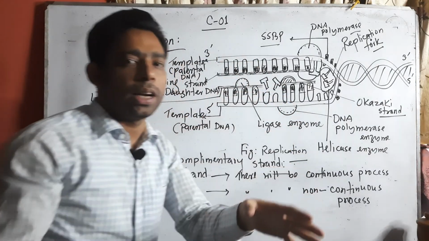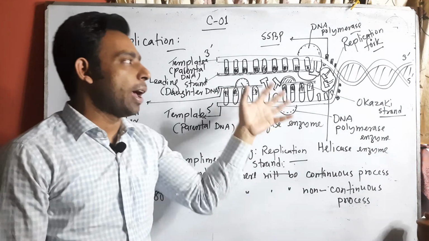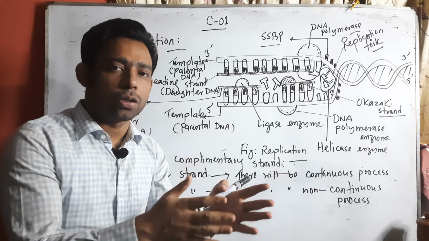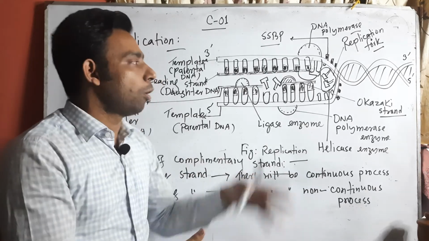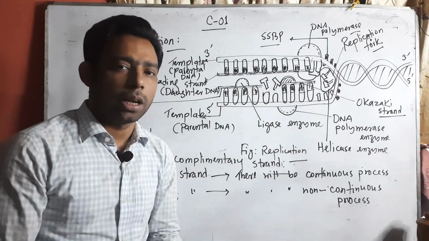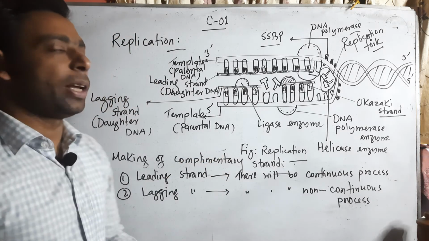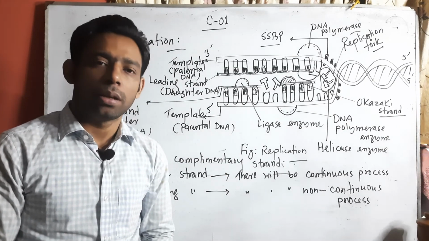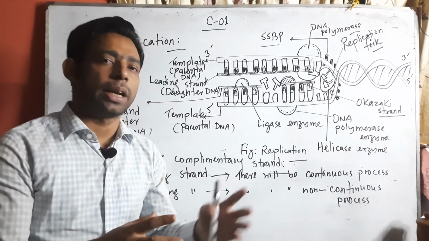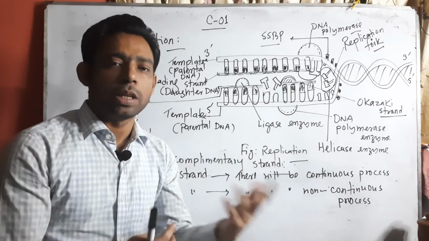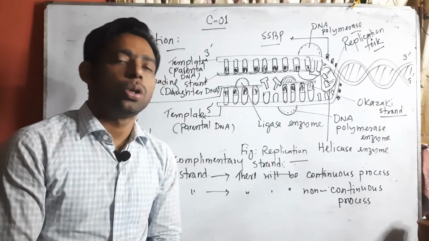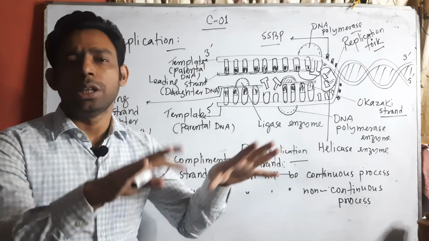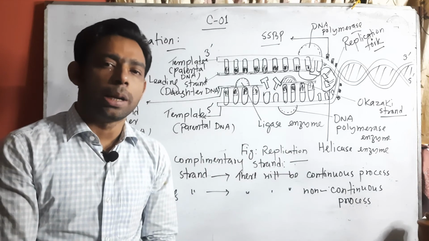In this way, finally the parental DNA and the daughter DNA match up as similar photocopies of each other. In this way, the total replication process is done. Also there is DNA repair: if there is any nitrogen base sequence change, it needs to be repaired, and proofreading also takes place. So in total, this is the replication process.